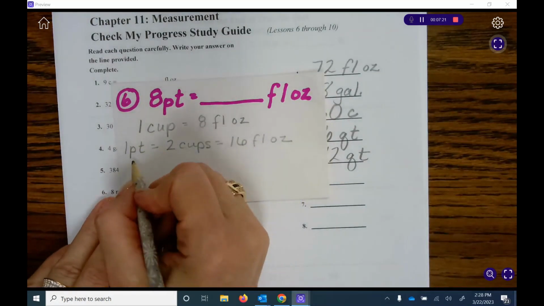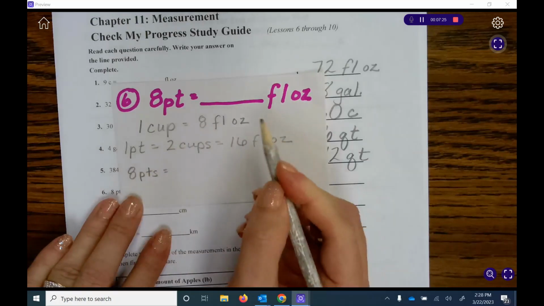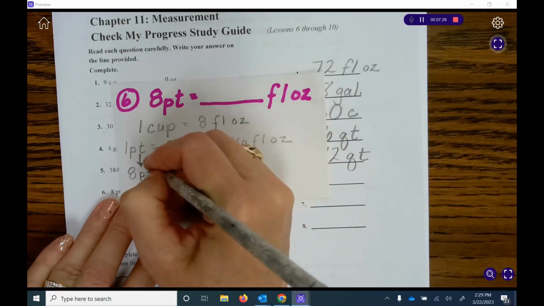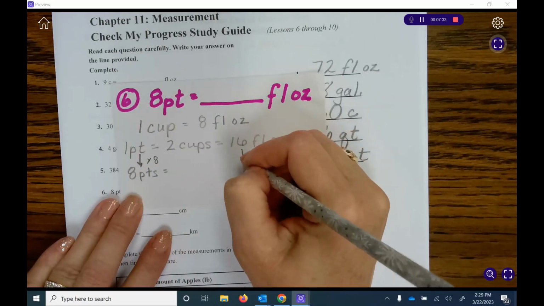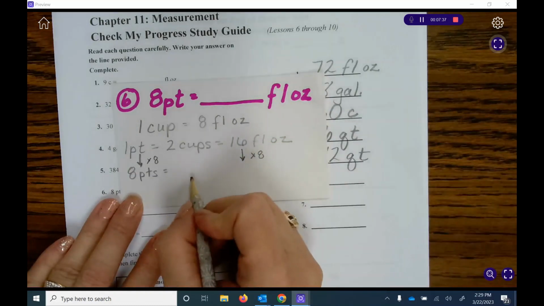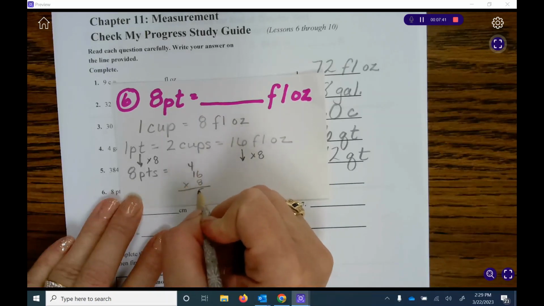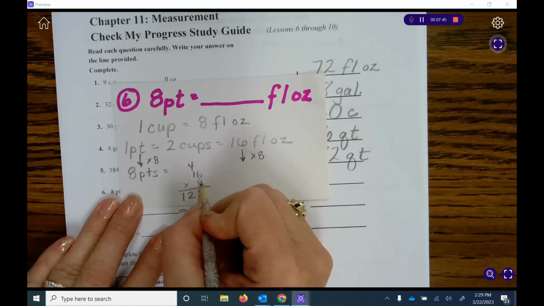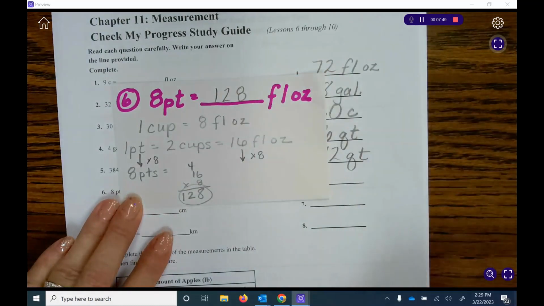So if we have 8 pints, that means we're going to have to multiply this times 8. So 16 times 8 equals 128 fluid ounces.